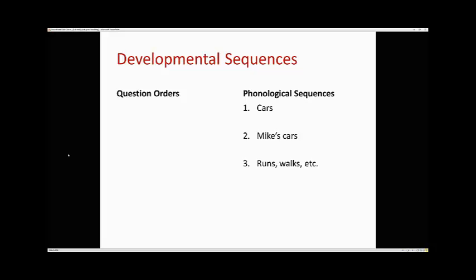If I say it run, it walk, I'm communicating the same idea to you, and you still understand. The only difference, however, is I'm not a native speaker of English, or I speak a variety of English that many people would not consider standard and may look down upon. So there's some sociolinguistic things that go into this picture too.